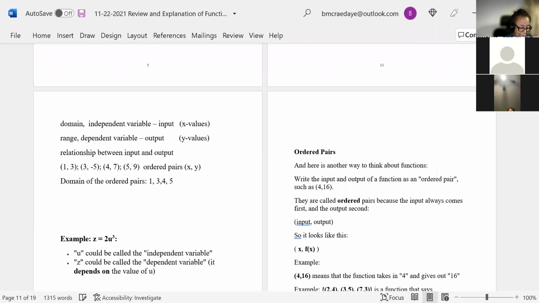Now I ask you the range. Range is the Y values. What is the range of the ordered pairs? 3, 5, 7, and 9. And I say no. So where's the mistake?